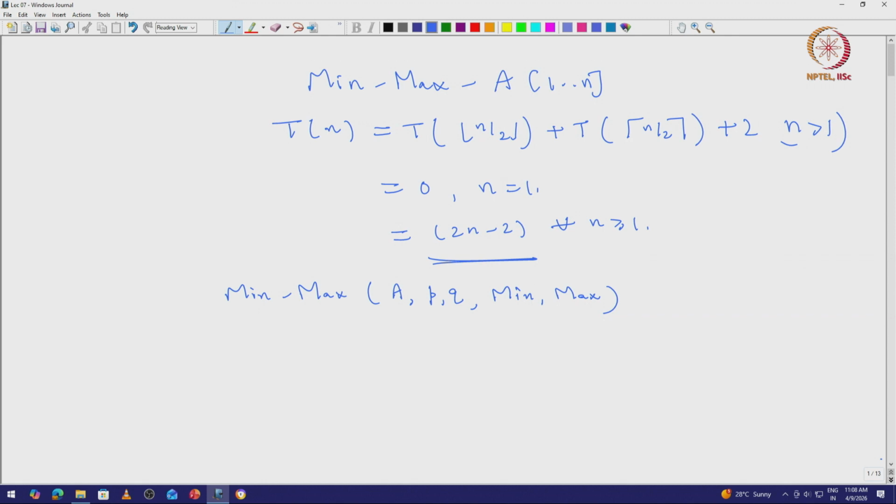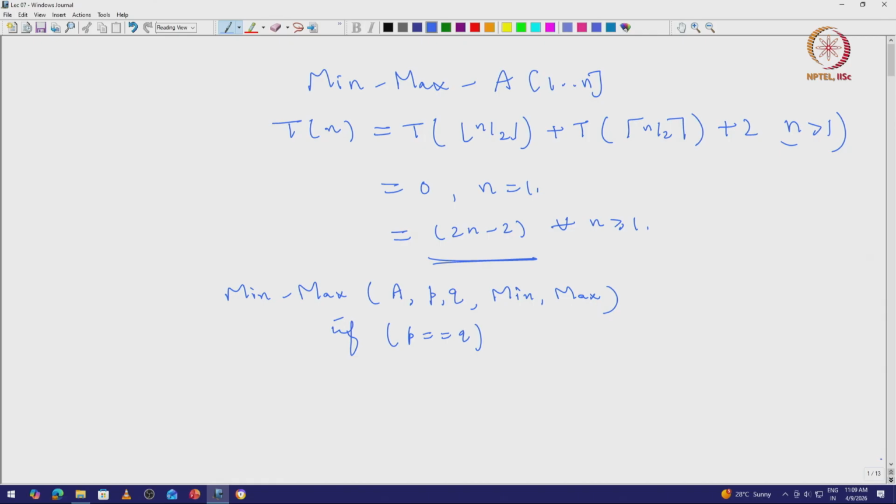MinMax A, P, Q. If P equal to Q, then there is only one element. That is a case of one element. So if P equals Q, then that is the minimum and that is the maximum.